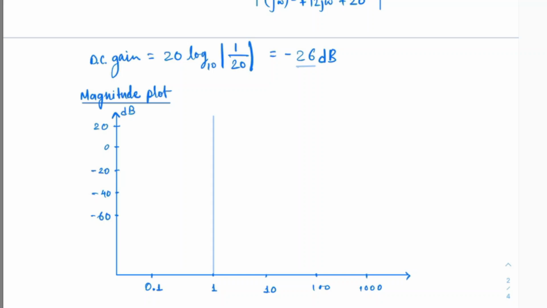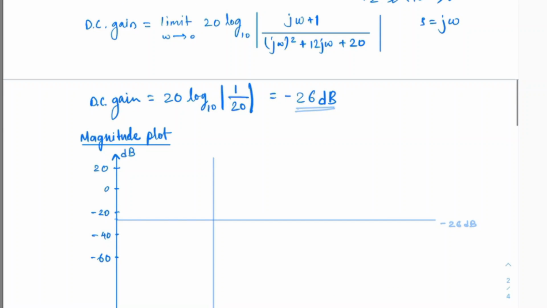We have just calculated this DC gain, which is minus 26 decibels, which will come somewhere here. So let's draw a horizontal line here at minus 26 decibels.